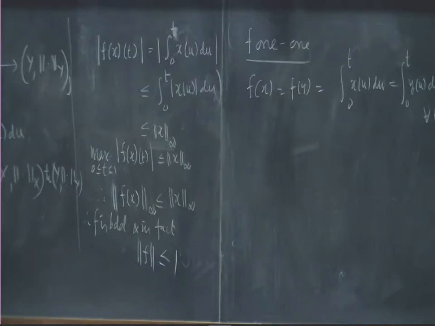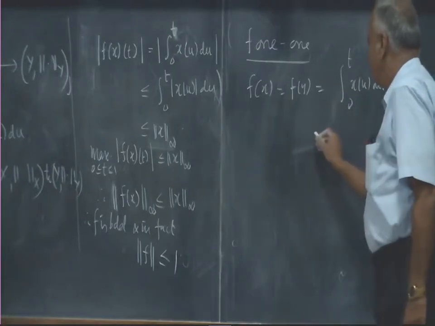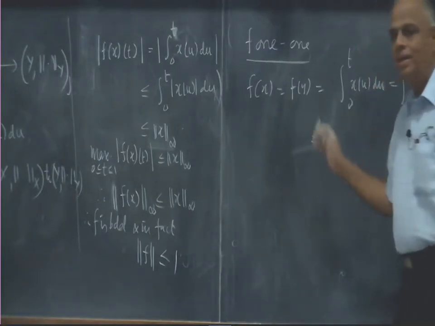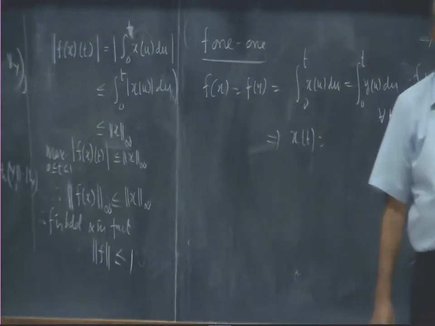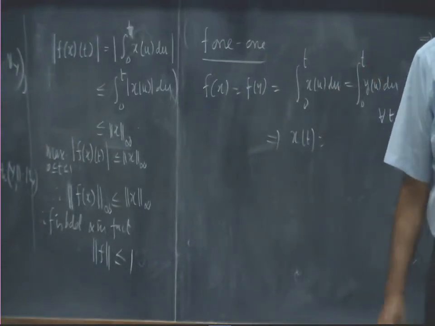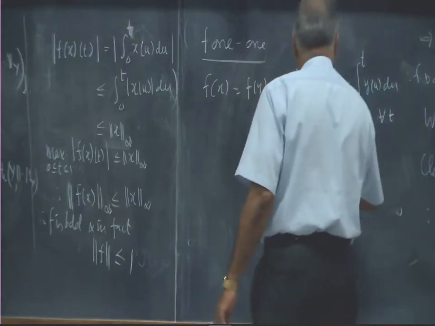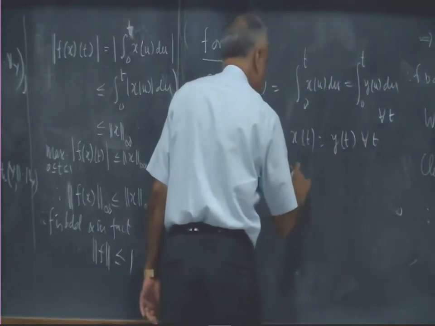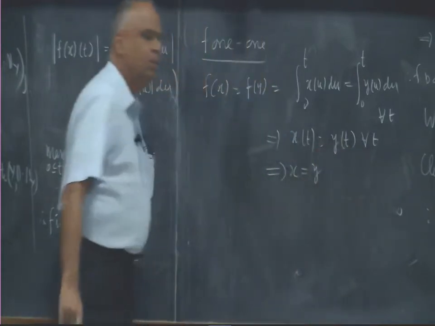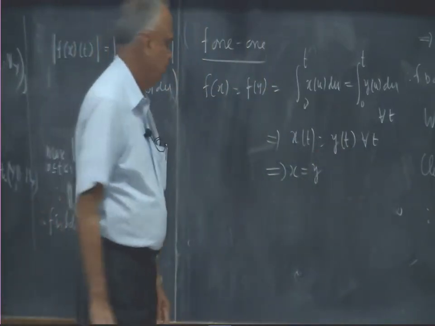The two functions are the same, therefore at every point they must be the same. But then I can differentiate both sides. I will get x(t). Why can I differentiate? Because the integral of a continuous function is differentiable. So I can differentiate this, get x(t) equal to y(t) for every t, which means the two functions are the same. So therefore f is one-one.